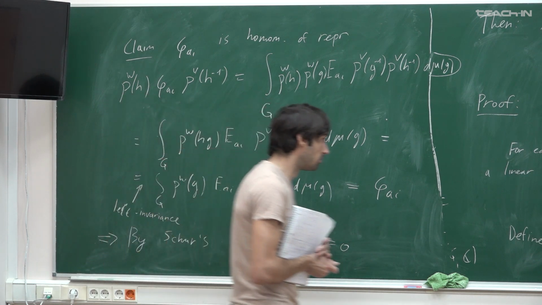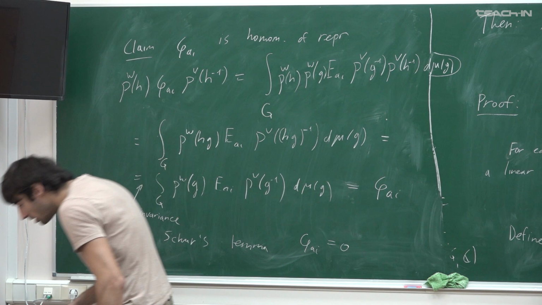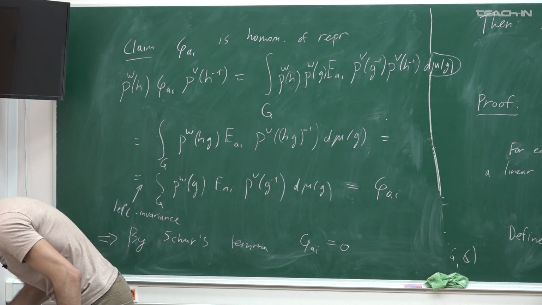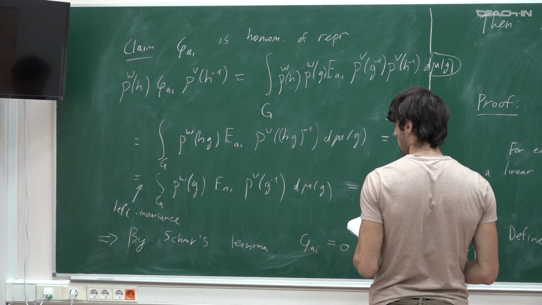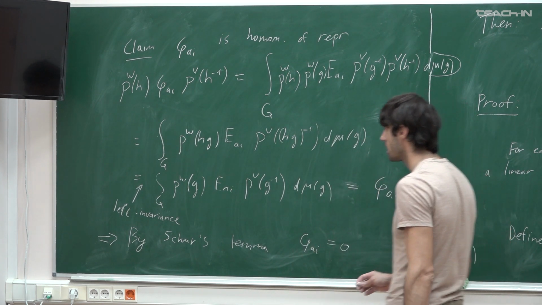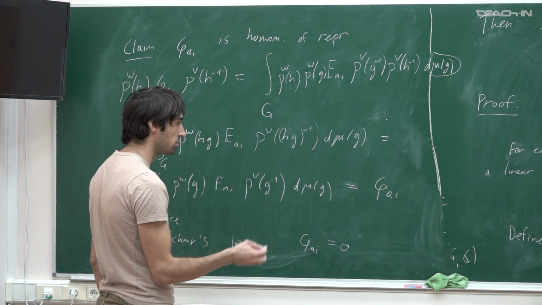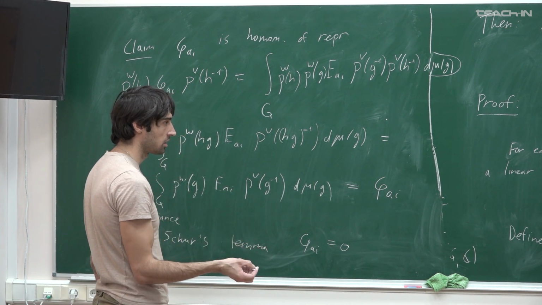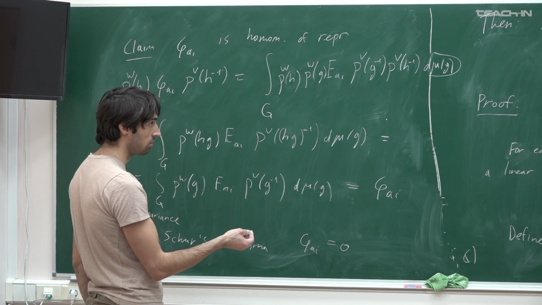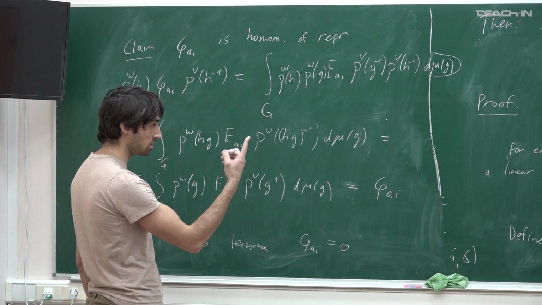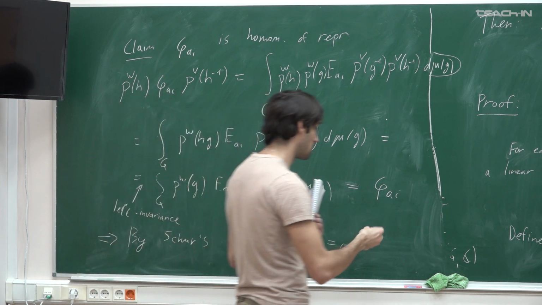So therefore it's 0. And therefore, phi_{a,i} is a linear map from V to W. But I can consider it as a matrix because I already fixed bases in V and W. I can consider the corresponding matrix.